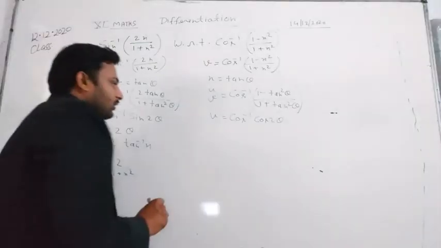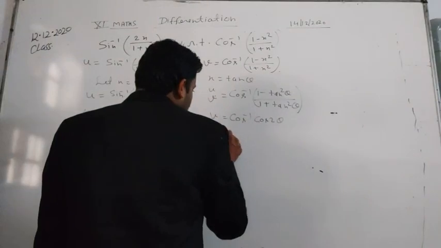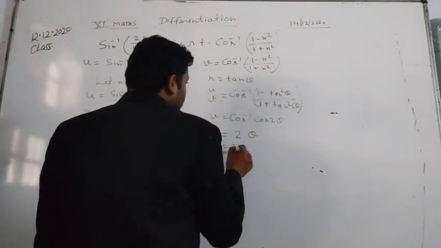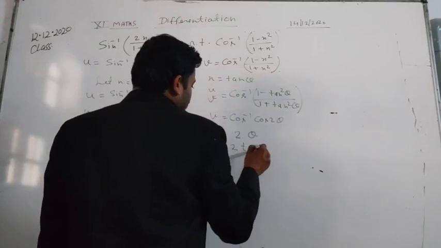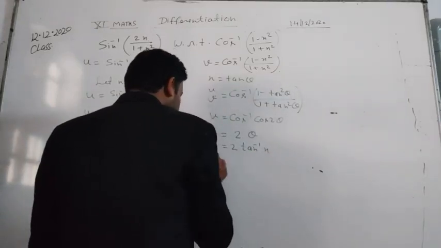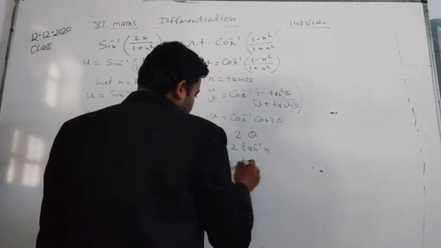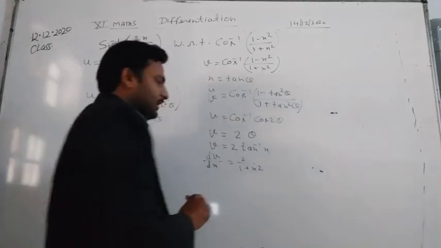So cos inverse and cos will cancel, and we can write v is 2 theta, and 2 theta is again 2 tan inverse x. So dv by dx will be what? Again we get 2 by 1 plus x square.